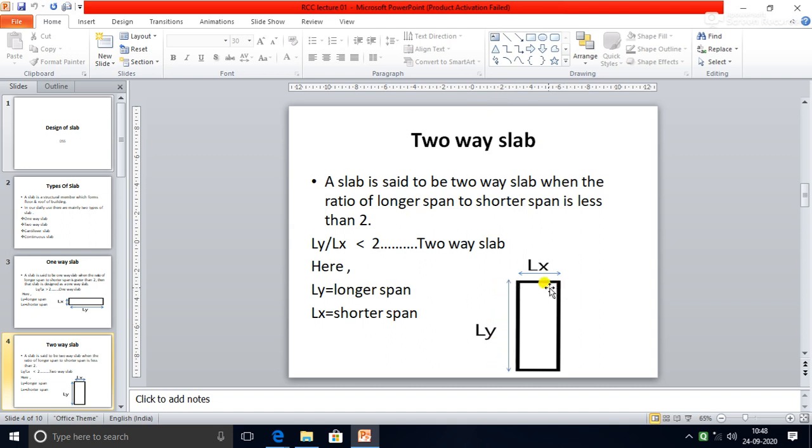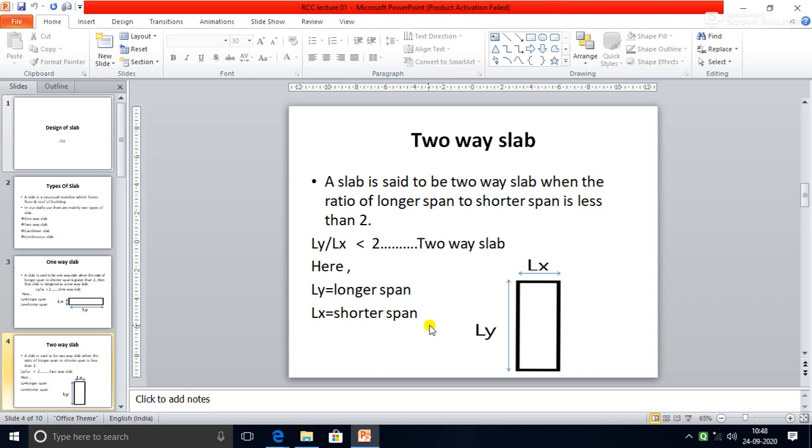We are not considering the directions, only the length of the span of the room. If it is longer, it is denoted by Ly, and if it is shorter, it is denoted by Lx. Then if the ratio Ly by Lx is less than 2, that slab is designed as a two-way slab, where Ly is the longer span and Lx is the shorter span.